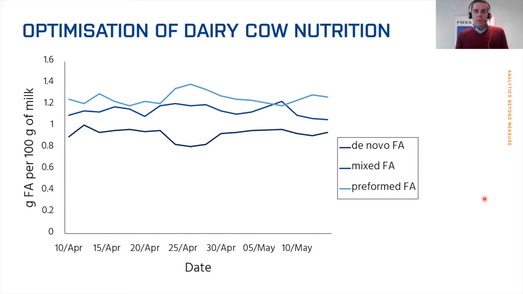In terms of dairy cow nutrition, the interesting application is to monitor the fatty acid profile development over time. And then we can find some interesting situations as here, where we see the de novo fatty acids going down, preformed fatty acids going up.